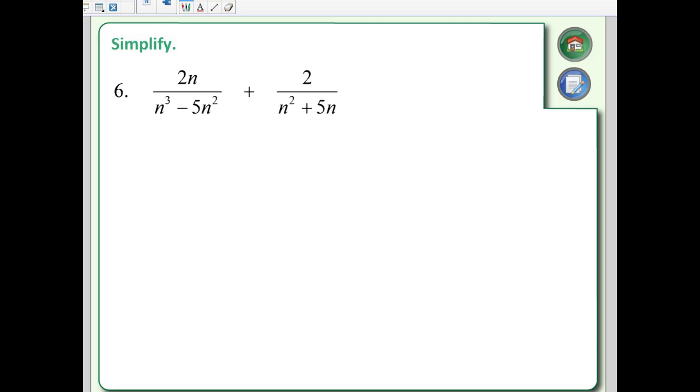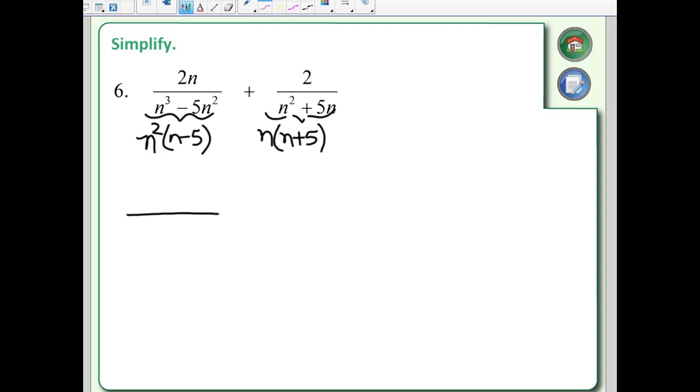Okay, let's try number 6. Here we go. Again, when I look at those denominators, I'm going to have to factor those before I can come up with a GCF. So the first one has an n squared, and we're left with n minus 5. And when I look at the second one, well, I have a GCF again. This time it's an n, and we're left with n plus 5. So let's look.